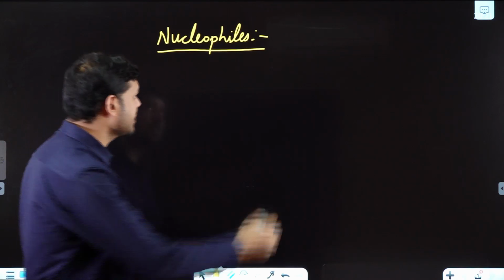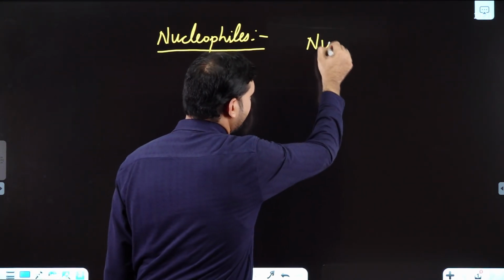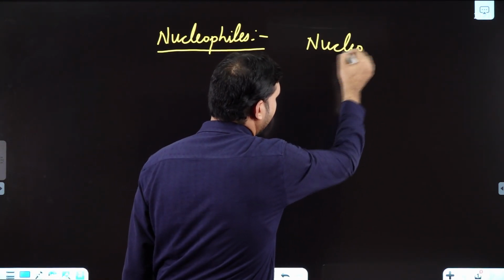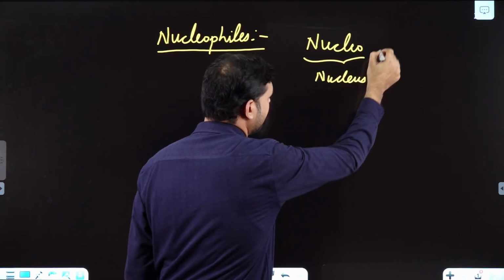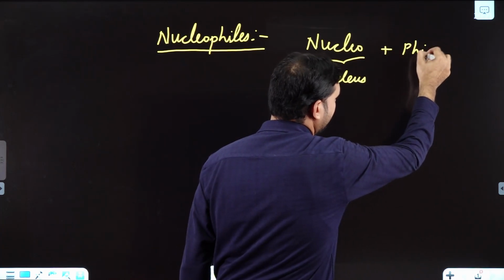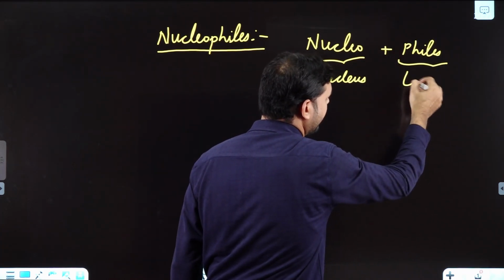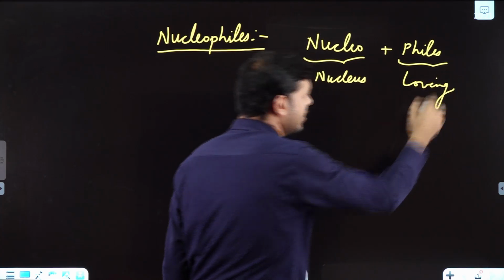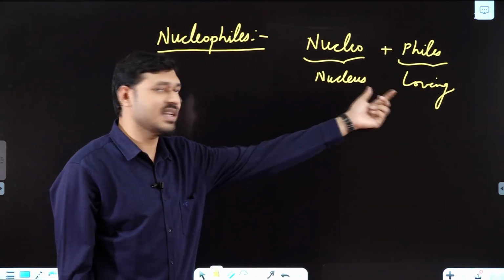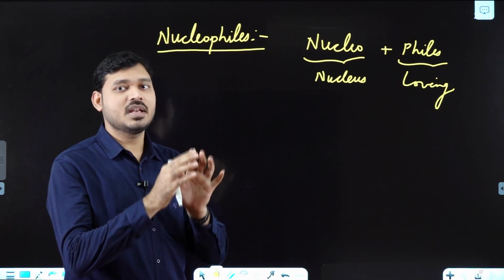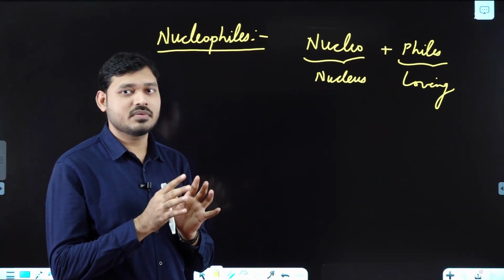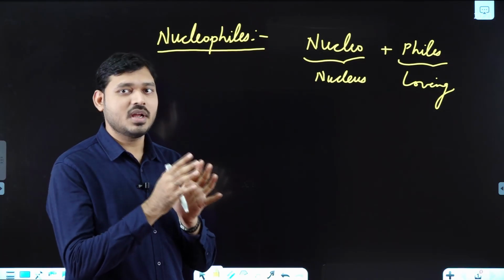Nucleophiles. So first of all, this term is from nucleo, that is your nucleus, plus philes means loving. So nucleophiles are nucleus loving. Now as we all know, inside any atom there is proton and neutron.